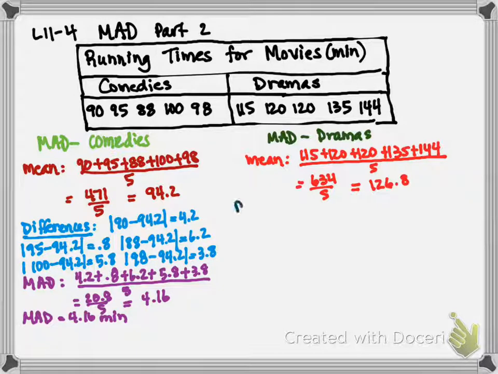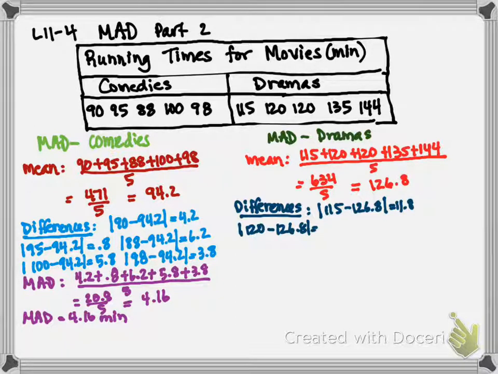We're going to find the differences. We get 115 take away 126.8, then take its absolute value, and we get 11.8. The absolute value of 120 take away 126.8 gives me 6.8.